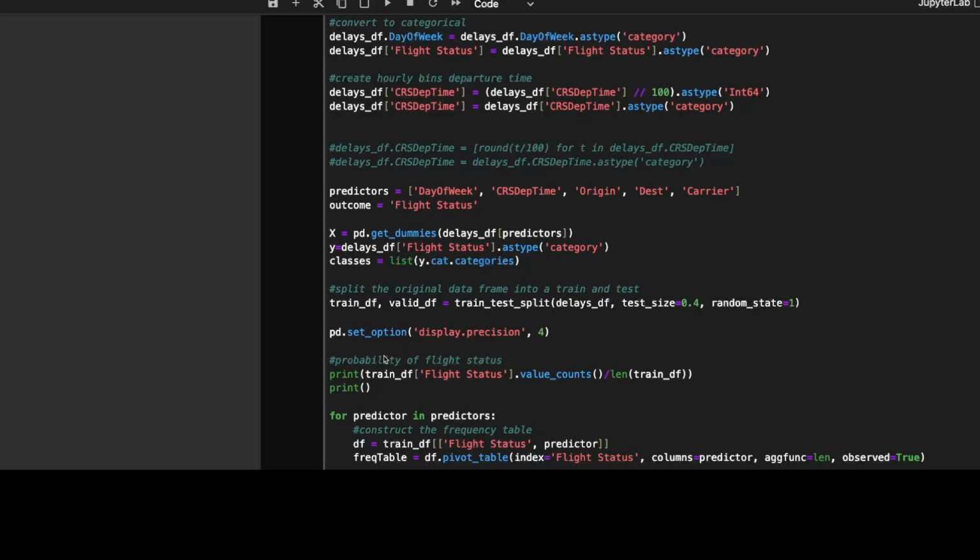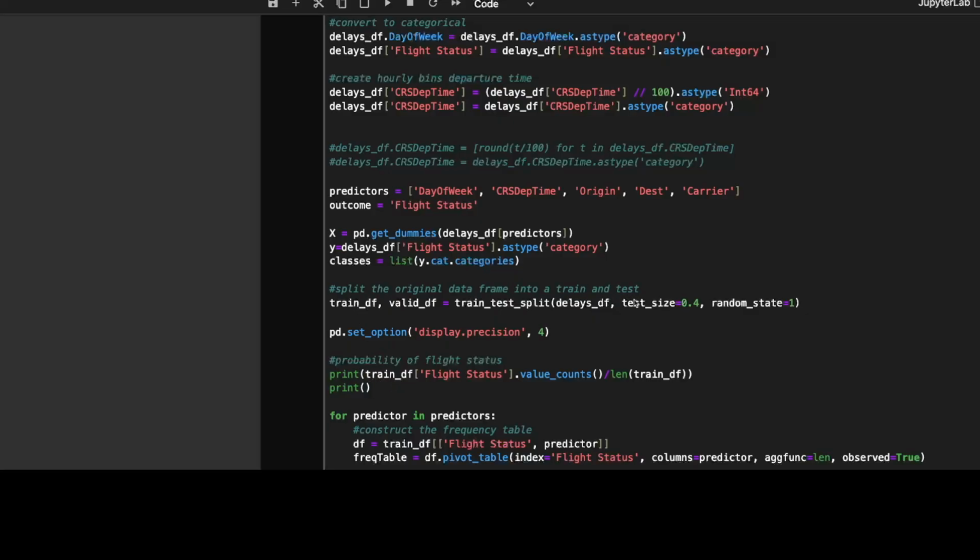We calculate the prior probabilities. This tells us the overall proportion of delayed versus on-time flights in our training data. These are our baseline expectations before considering any specific flight characteristics. So that's here what we do.